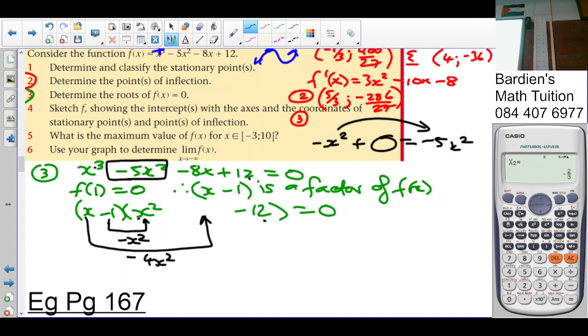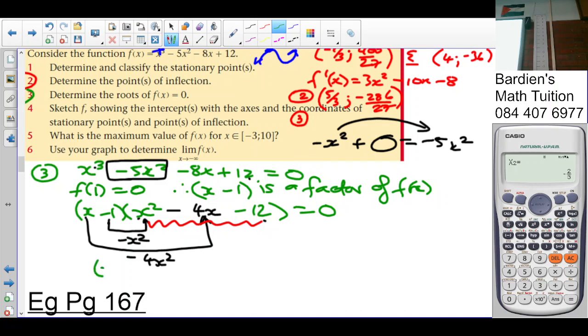Negative 4x squared divided by x gives negative 4x. Okay? So what do I do now? I can factorize this trinomial here, not so? Let's go further. I can either use the quadratic formula, or I can use factorization, or I can use the calculator. Okay?